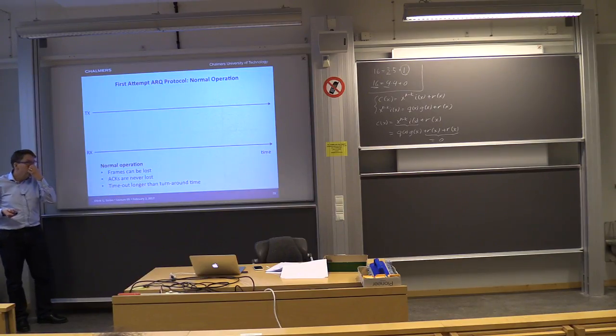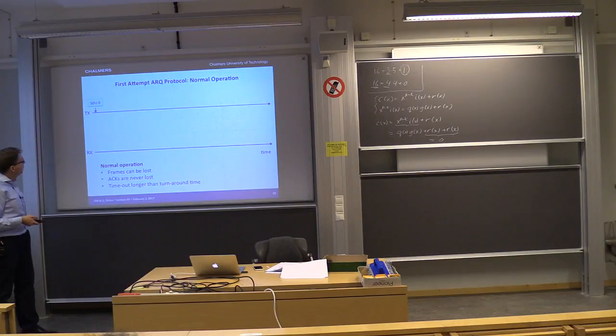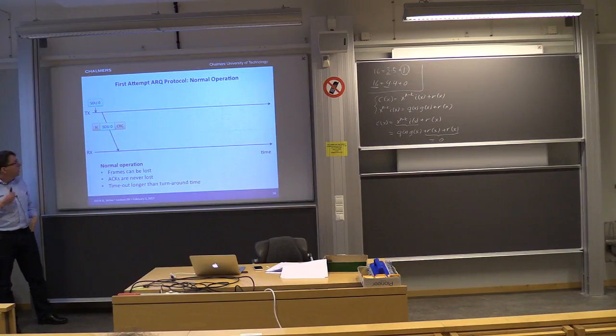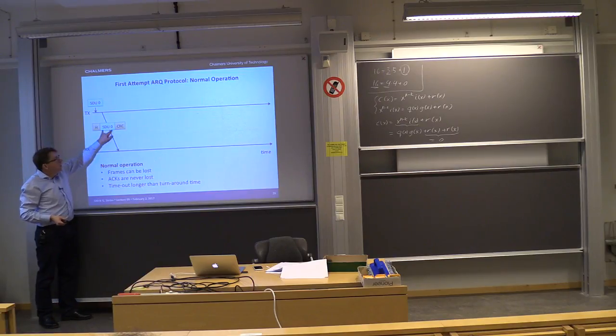Okay, so here we go. What happens? I'm standing here at the transmitter. I get some data from the layer above. Okay, good. So I send it. What do I send? I send the service data unit I got, which has the number 0. This is a time index.